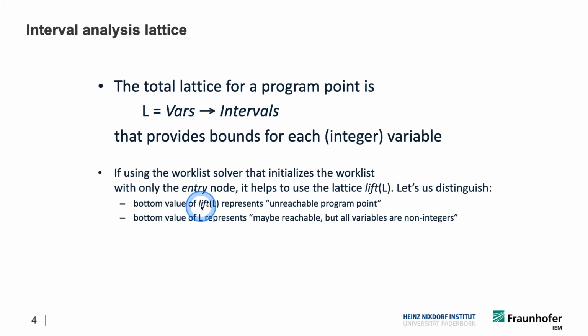If we have the bottom value of this lifted lattice, then this represents an unreachable program point. Whereas when we have the bottom value of L itself, that actually represents a program point that may be reachable, but where all variables are non-integer variables. It depends on your exact analysis requirements whether you require that distinction or not. But if that is helpful to you, then by using this lifted lattice, you can get it.